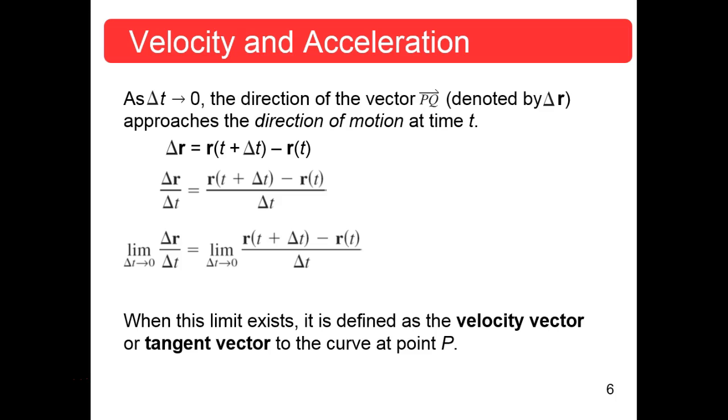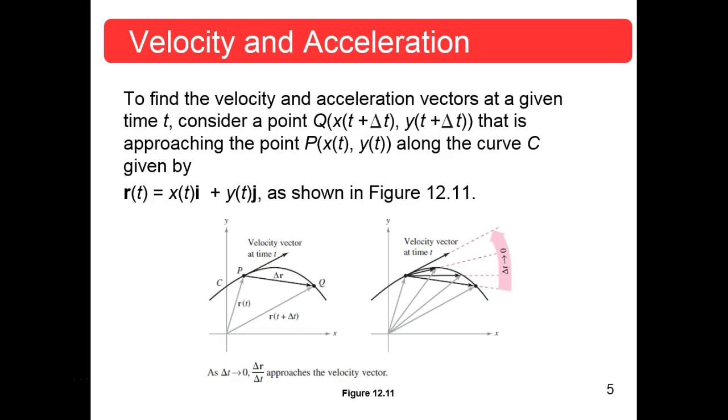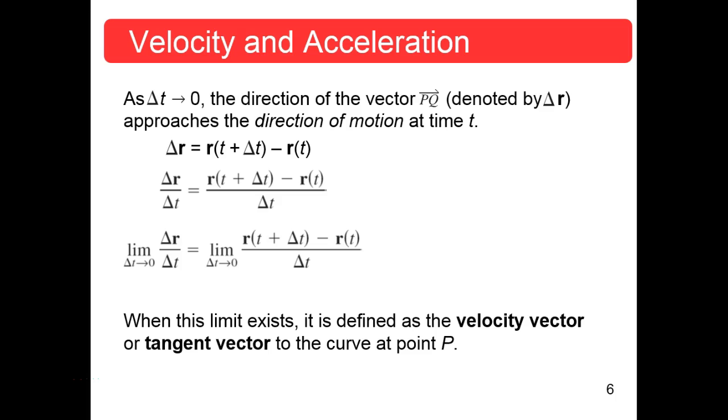As delta t approaches 0, the direction of the vector PQ, denoted by delta r, approaches the direction of motion at time t.